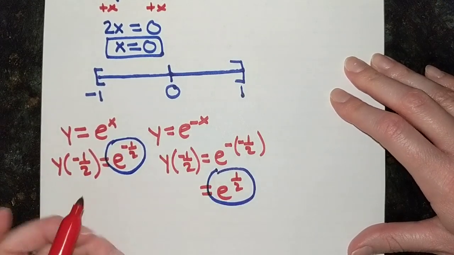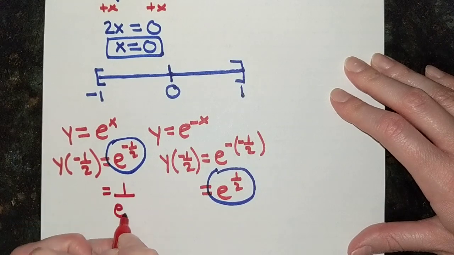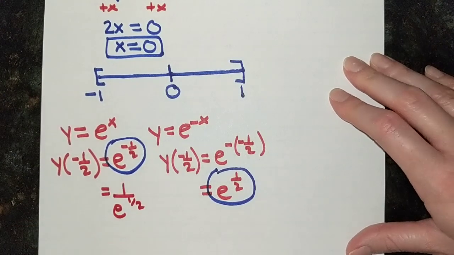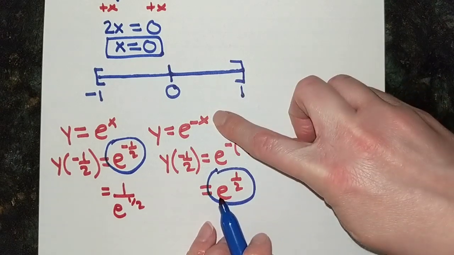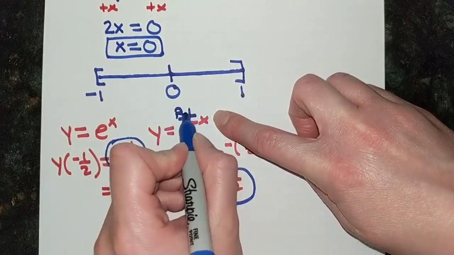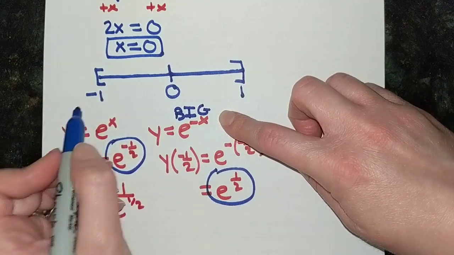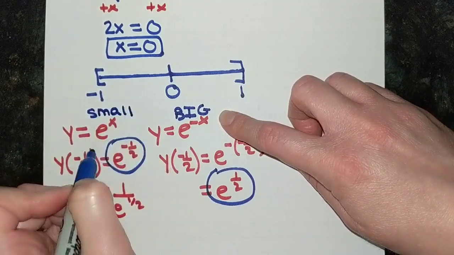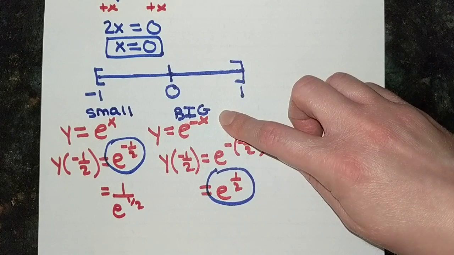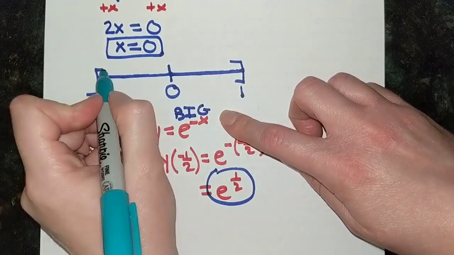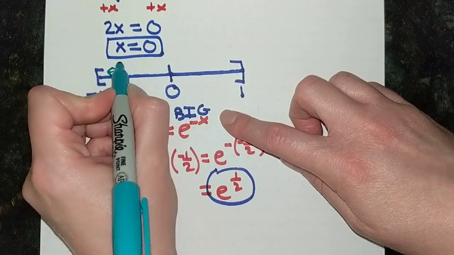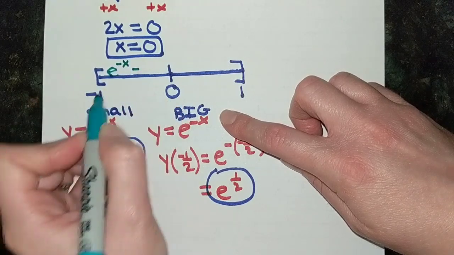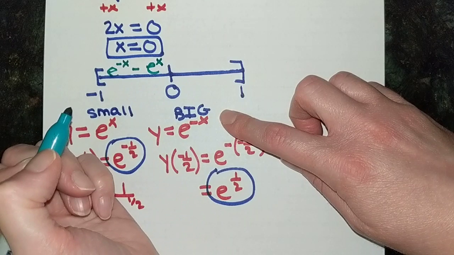Keep in mind that this is, of course, 1 over e to the half. So the bigger function here is going to be this e to the -x. So the big function will be e to the -x, and then minus your small function of e to the x. So to keep this straight, on this first interval, you're going to be integrating e to the -x minus the small function of e to the x.